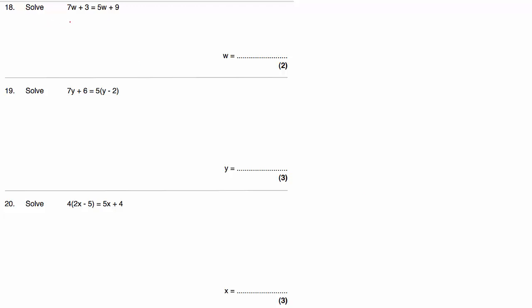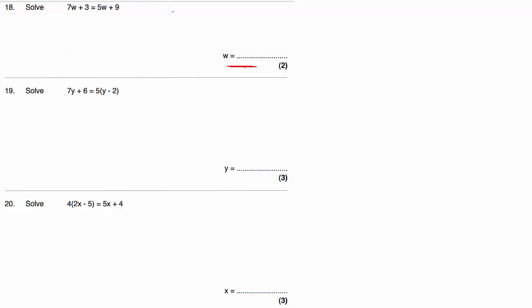Okay, so here we're trying to find out what W equals. W's are unknown. So we want to end up, as you can see here at where you put your answer, with W equals.